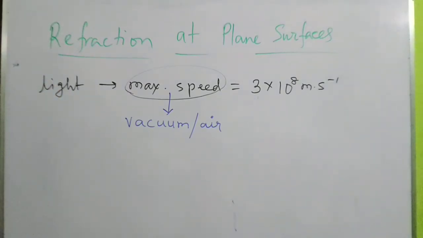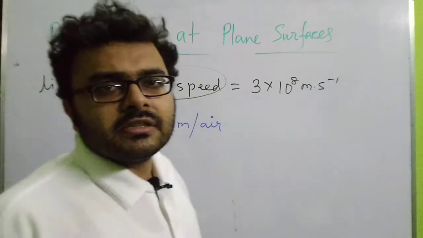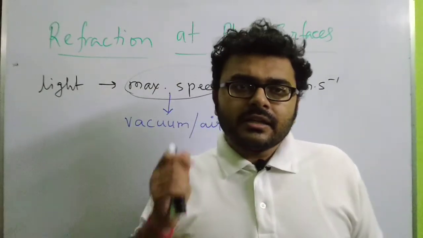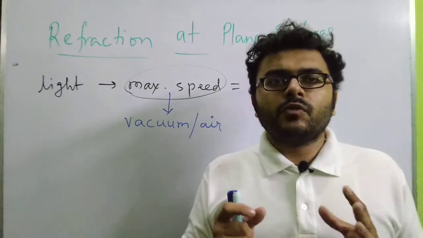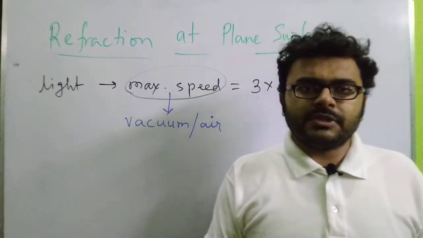But do you know that light, when it enters any other medium, what happens? It slows down. In any other medium, light does not travel with this speed. It slows down, and it will definitely move at a speed quite lower than this speed.